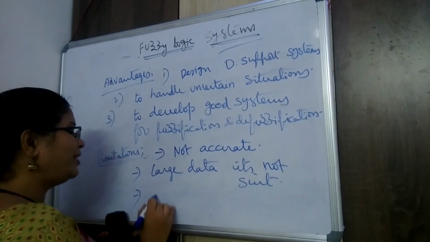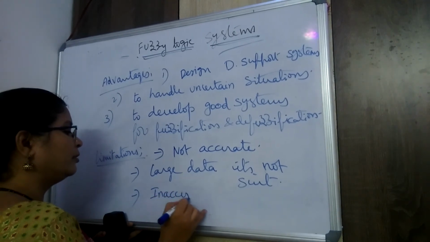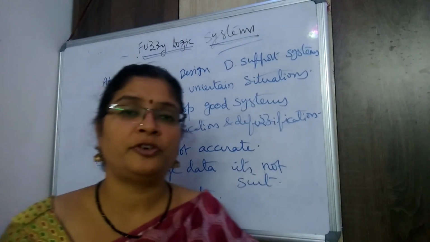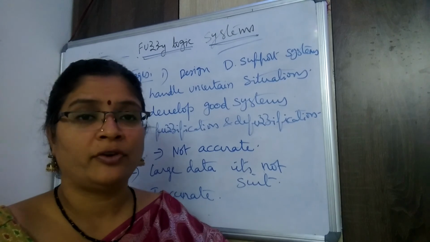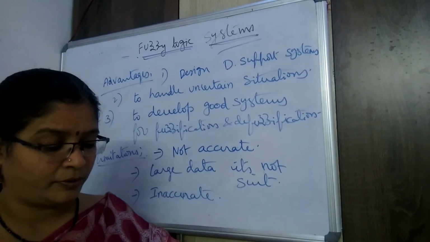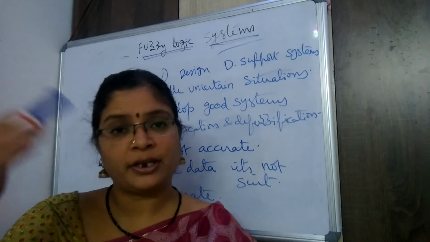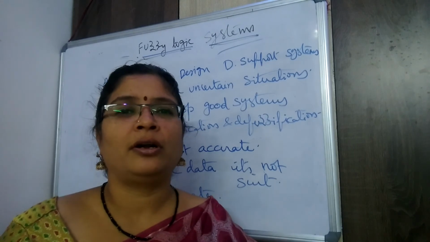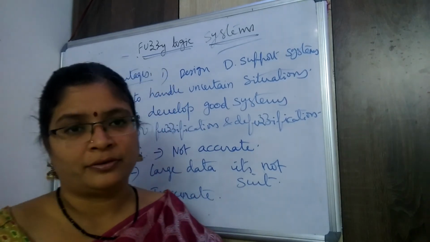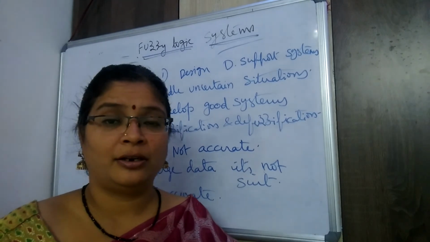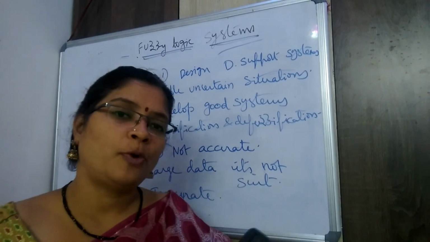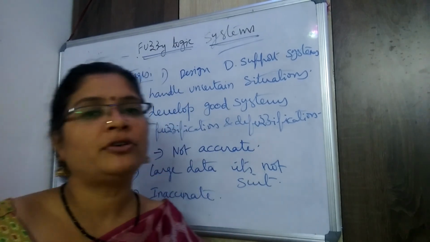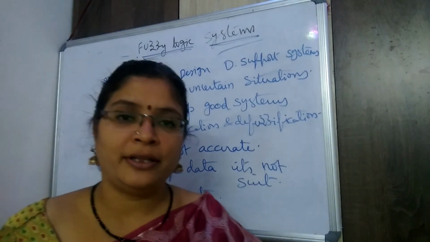It is somewhat inaccurate compared to other methods which handle uncertainty, like artificial neural networks and other such things. It is not accurate enough to handle large, vast data. A small set of data is okay, that is good. Even with its own limitations, it works well for fudgification as well as defudgification.